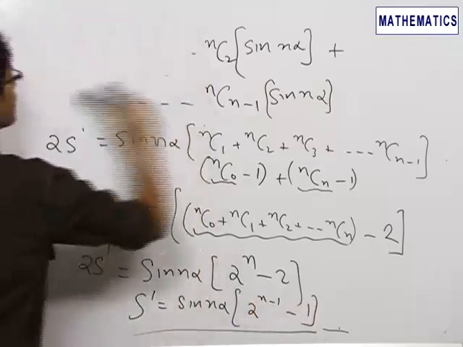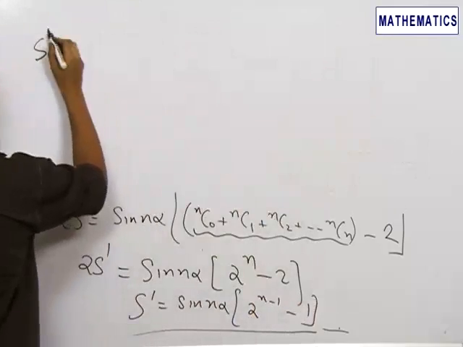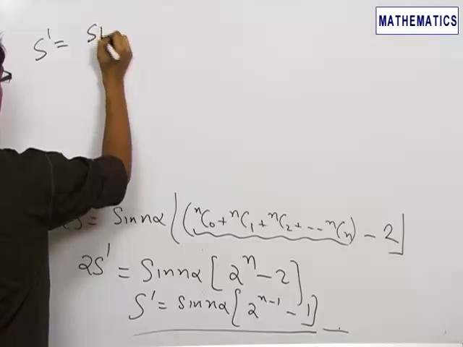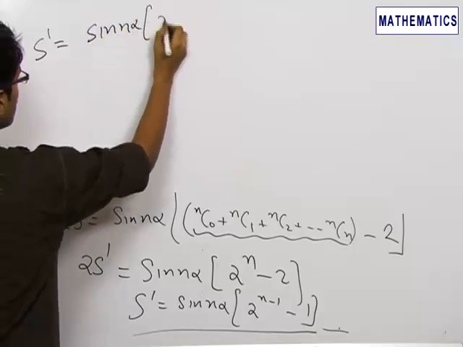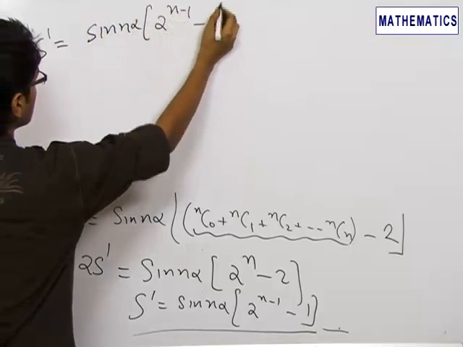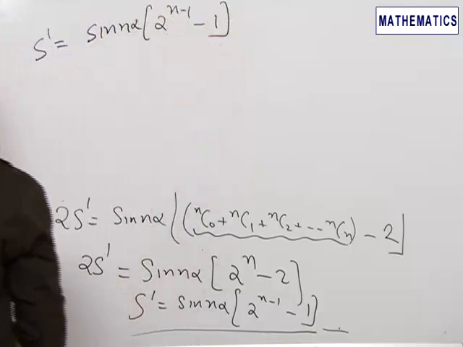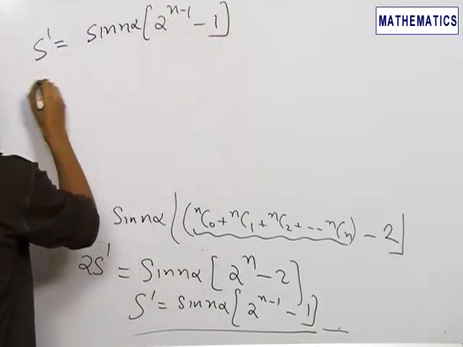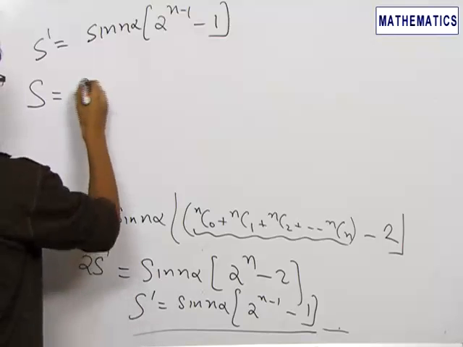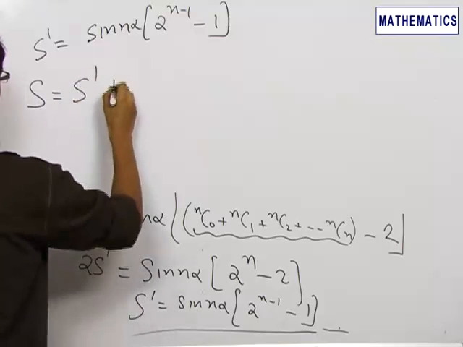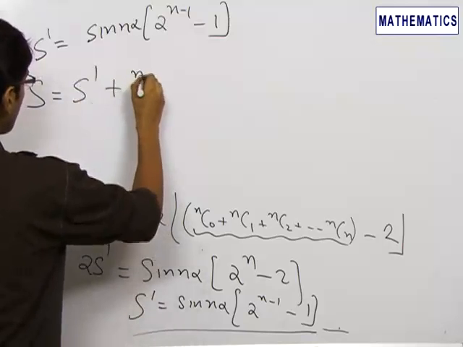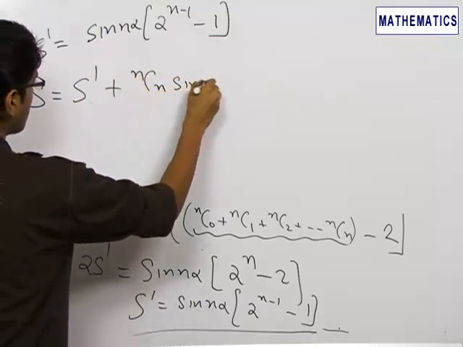So we rewrite the whole expression again. We get S dash is equal to sin n alpha into 2 power n minus 1 minus 1. And we needed to find the sum S, which is equal to S dash plus the last term, which was written to be NCn sin n alpha.